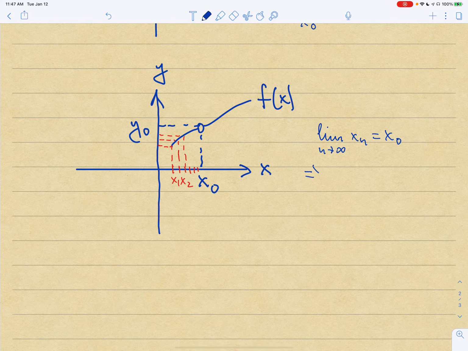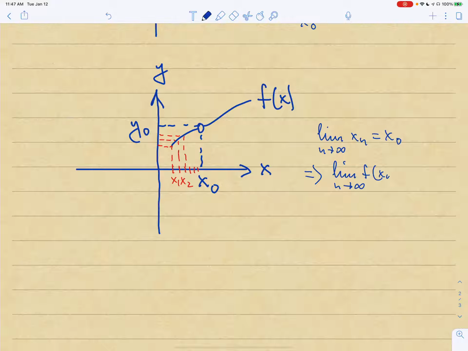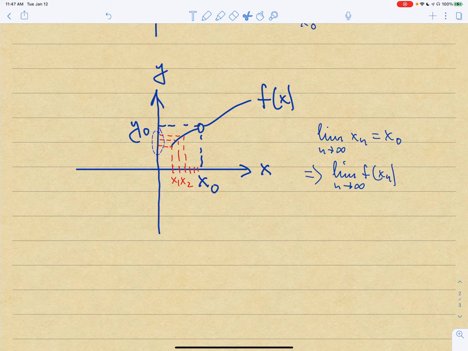Then clearly, the limit as n goes to infinity of f of xn, so the limit of these red points, is going to be y0.